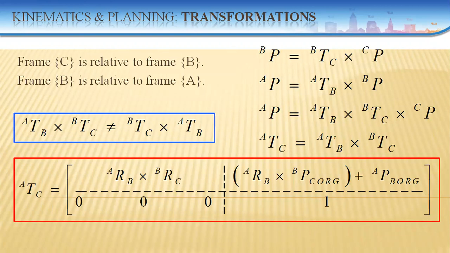So the reference frames: frame C is related to the base part, frame base is related to frame A. So there will be a linkage from one working location with respect to one joint to another joint.